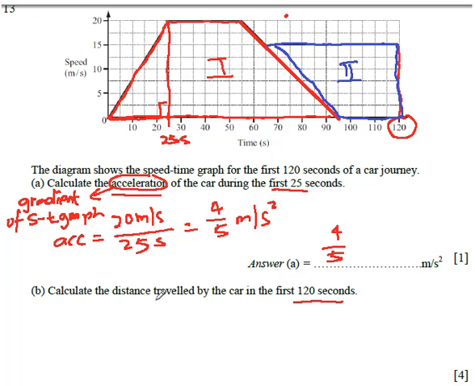So distance traveled is actually equal to the surface area. So in order to find it, we need to find the surface area of trapezium 1 and trapezium 2.